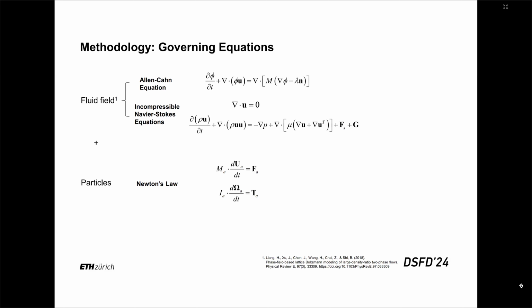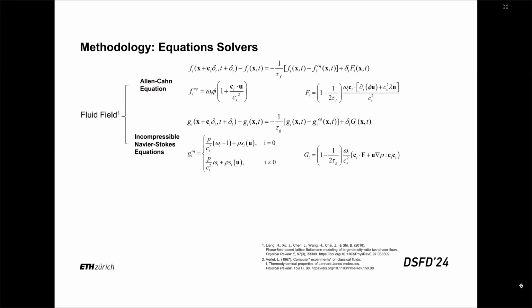For the movements of solid particles, we apply Newton's law, which means that the change of velocity is caused by force, and the change of angular velocity is caused by torque. In order to solve these equations, we choose the lattice Boltzmann solvers because this solver is simple when we simulate cases including porous medium.